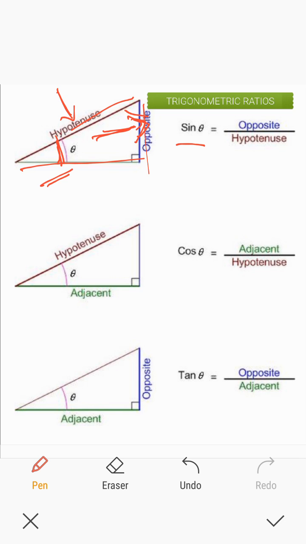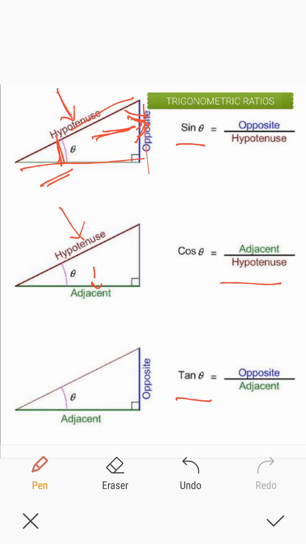The second ratio is cos theta. Cos theta is the ratio of the adjacent side of angle theta to the hypotenuse. What's the second ratio? Cos of angle theta, that is the adjacent side of angle theta divided by the hypotenuse.